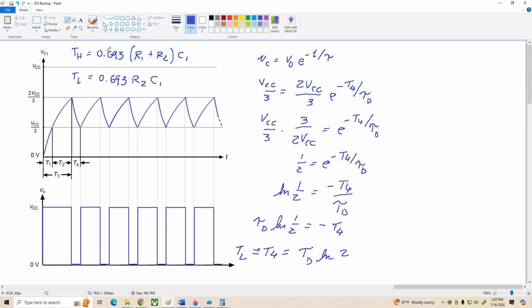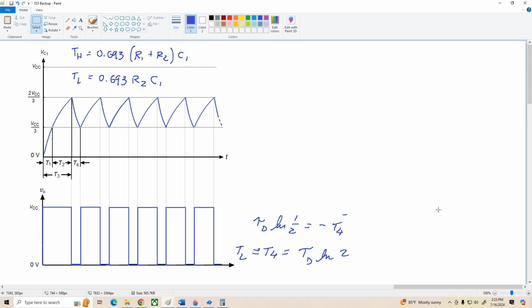Those are our two primary equations for this circuit. And now the last thing we're going to do is put this together to get the oscillation frequency equation. So let me clear the decks here, and we're almost there.